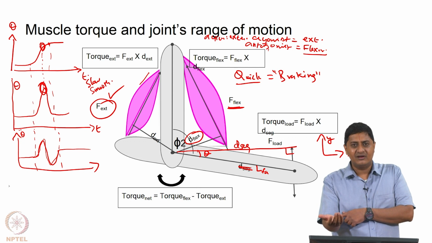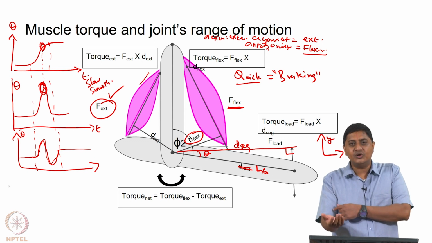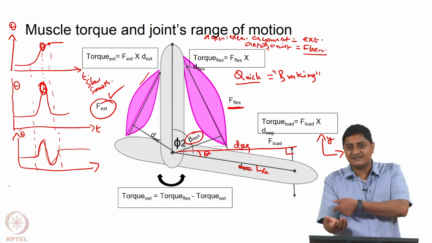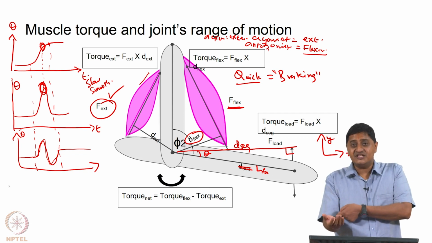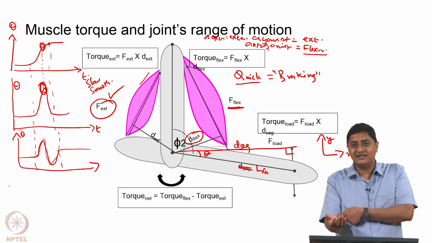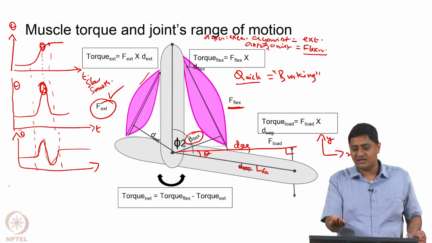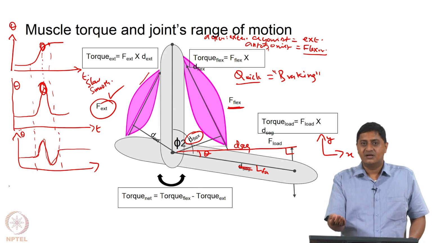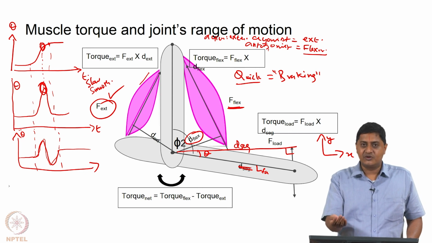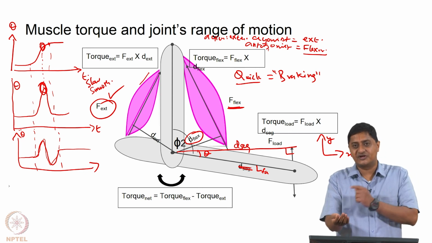How is that happening? Because of the antagonist of the flexion action. What is the antagonist of the flexion action? In this case, that is the triceps. The triceps is activated simultaneously when I am going to supinate at a relatively equivalent level of activity or equivalent level of force that will overcome the flexion force.